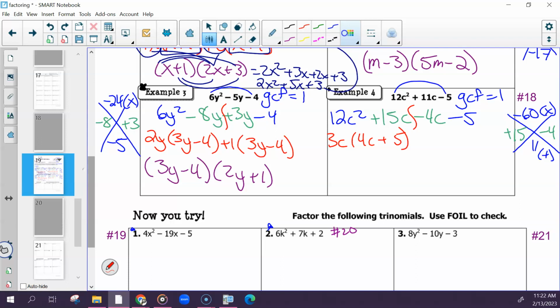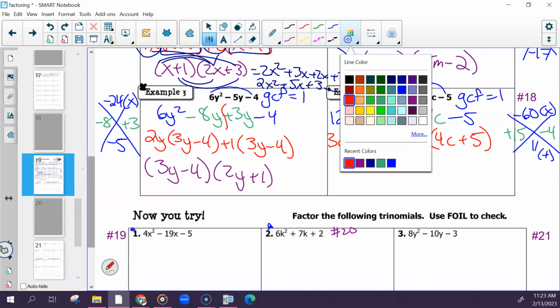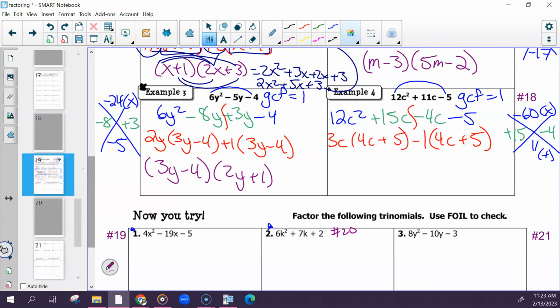No, but we could take out a 1, and the sign is going to be negative, so negative 1. So what would that inside factor be? Be careful here, because we're just dividing, not subtracting. So then what would your final two factors be?